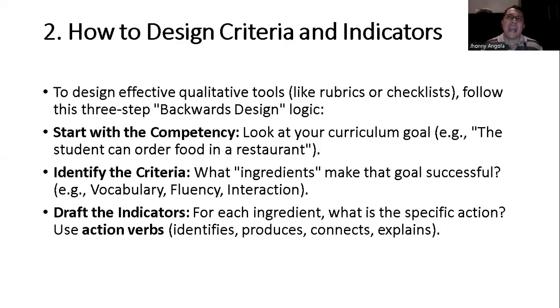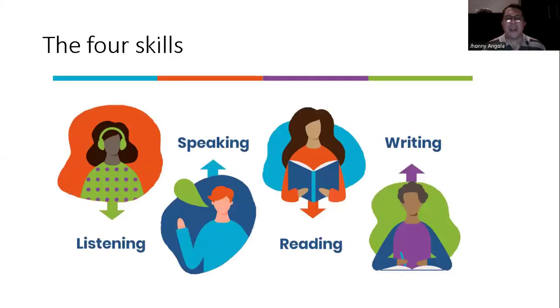An example in Spanish we're going to give you later, right? In order to understand every step developed here to design your rubric or checklist as a qualitative tool. When you are going to start designing your tool, you have to think in those skills: listening, speaking, reading, and writing.